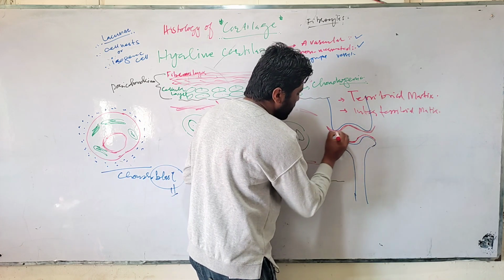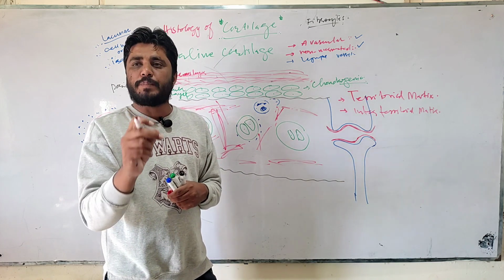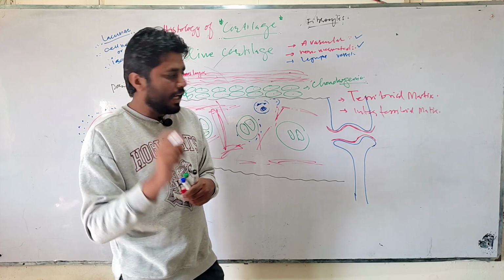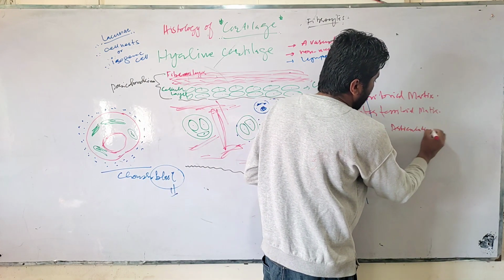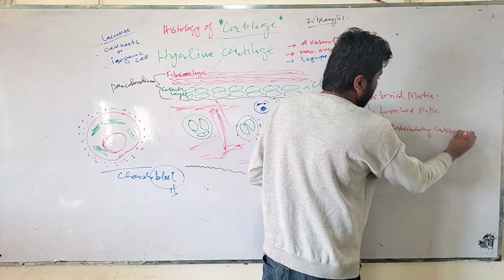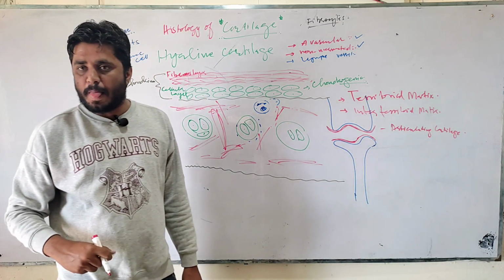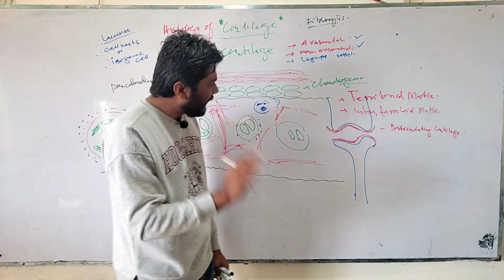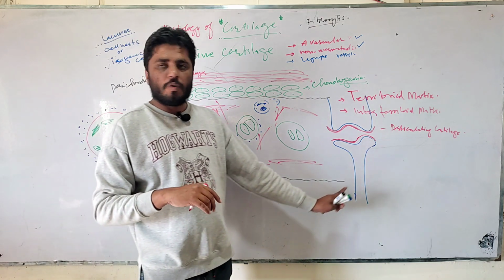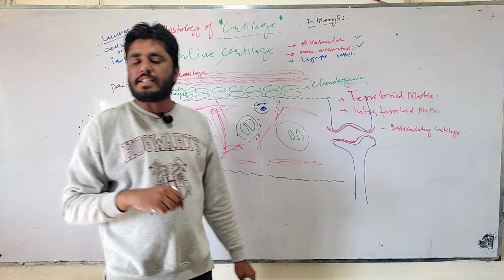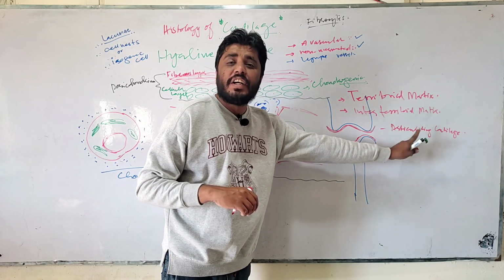This cartilage is actually hyaline cartilage, but this hyaline cartilage has a specific name. That specific name is known as what? Articulating cartilage. In some books, some people call this a fourth type of cartilage, but not at all. This is exactly hyaline cartilage, but because it is only found on the articular surface, it is called articulating cartilage.